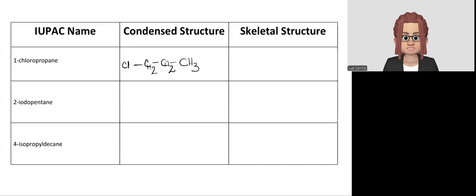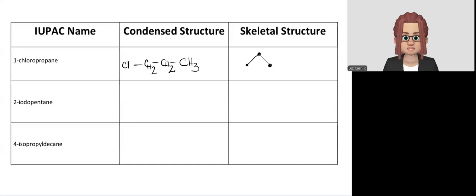When it comes to the skeletal structure, the minute that your writing utensil is on the surface of what you're writing with, that is going to be carbon number 1. Next, you're going to draw a line to the second carbon pointing up. Next, you're going to draw down the next carbon atom. So those are the 3 carbon atoms in my propane. And it is okay to draw those dots as guides.